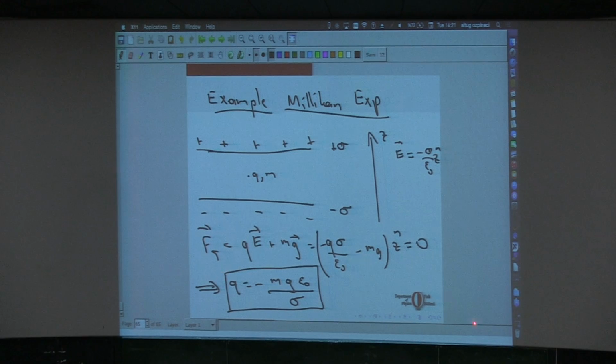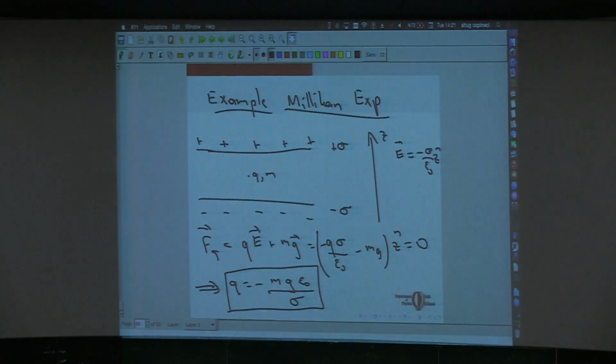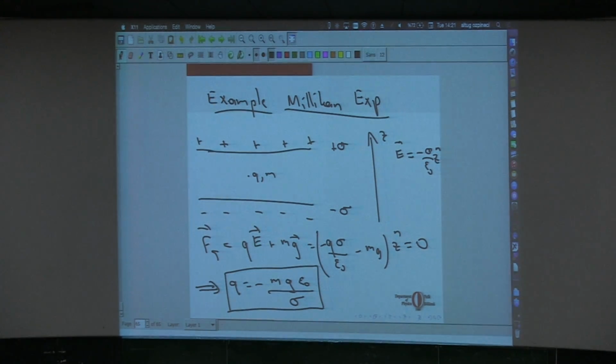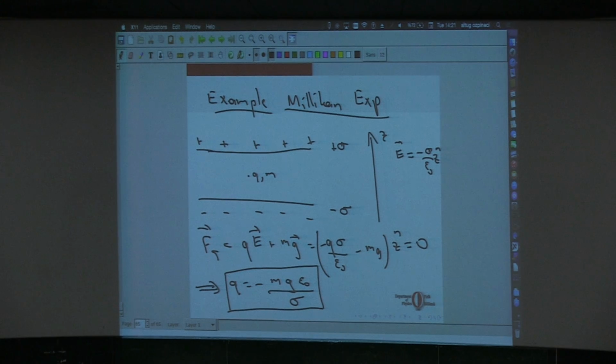I'm assuming that this is Earth. So I have these two plates. This is positively charged, this is negatively charged. So the acceleration of gravity is pointing downward. It should be negatively charged. You see, there is this minus sign over here.